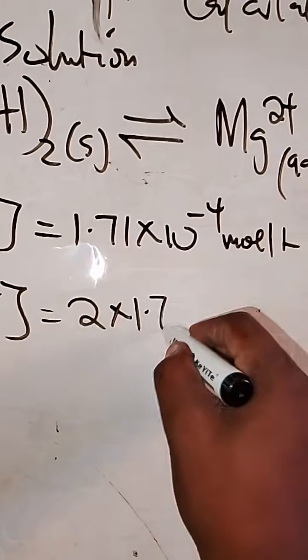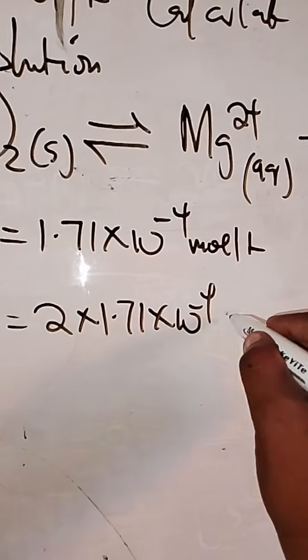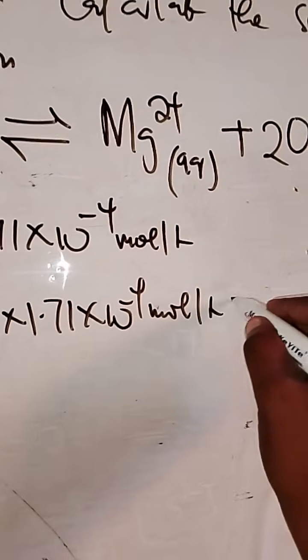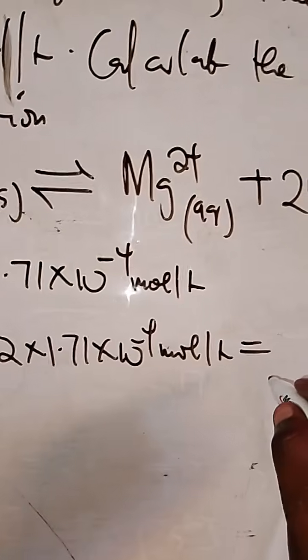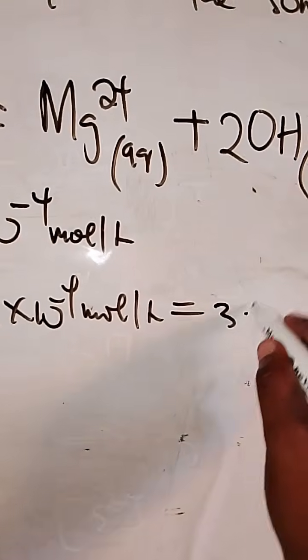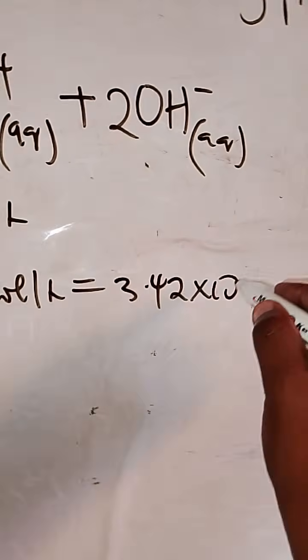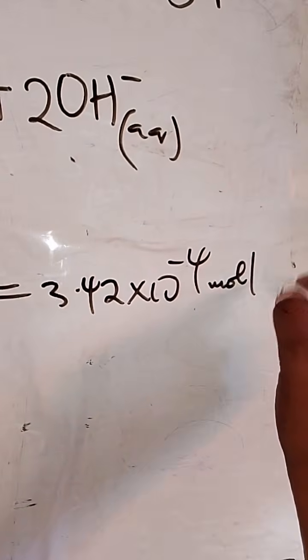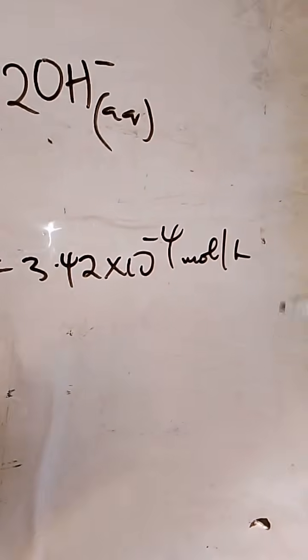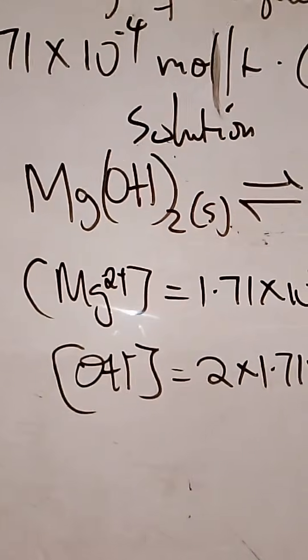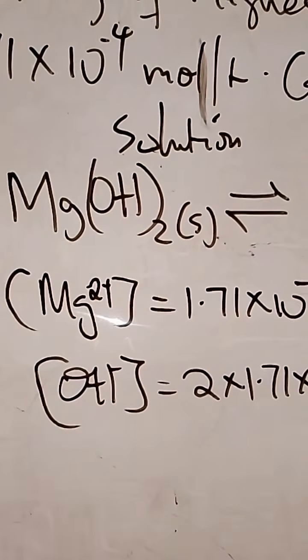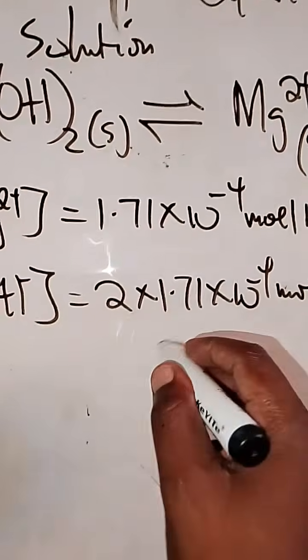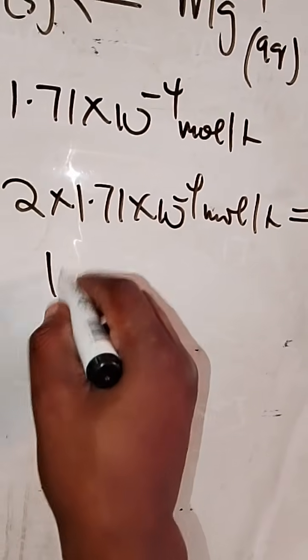It's 1 to 2, so it will be 2 times 1.71 times 10 to the power negative 4 mol per liter, which gives us 3.42 times 10 to the power negative 4 mol per liter. Okay, so this is for the hydroxide ion.